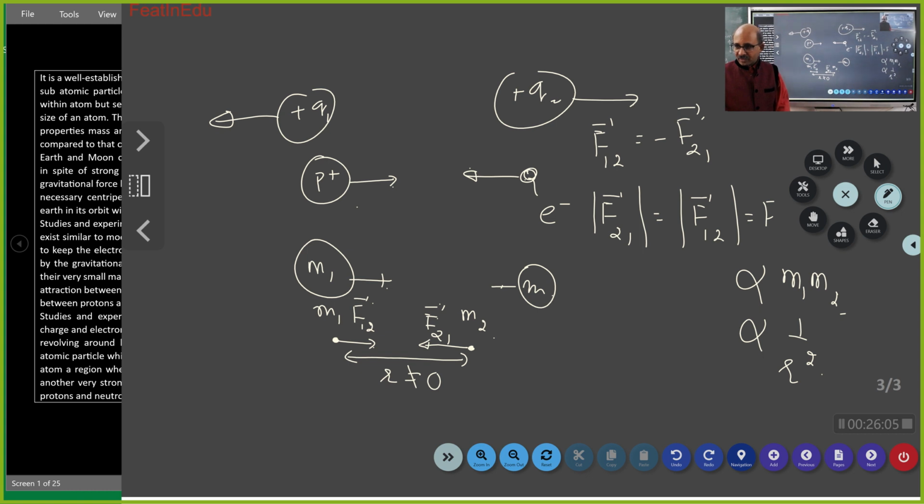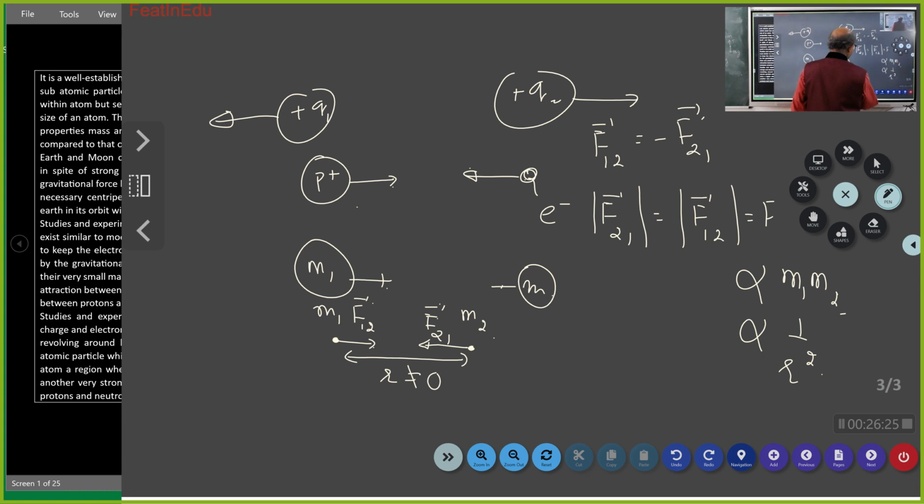Is that clear? Medium means that if you keep anything in between, water, wood, or if you stand in between, this force will not be affected. Now, we are going to write this down.